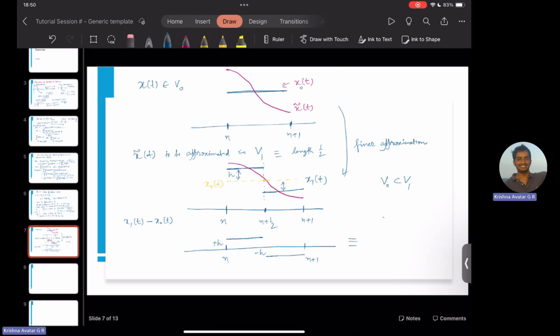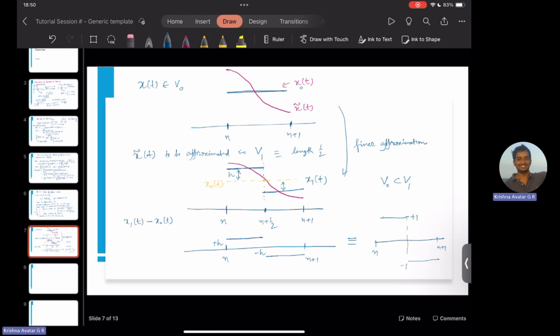And you can clearly relate it to a Haar wavelet defined on this interval n to n plus 1, whose height is 1, and of course the values it takes are plus 1 and minus 1.